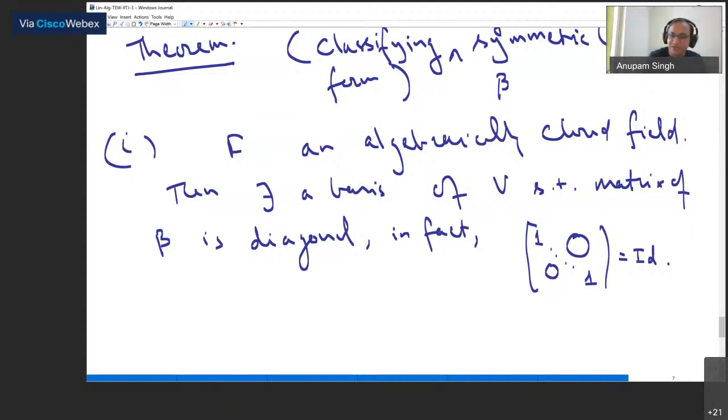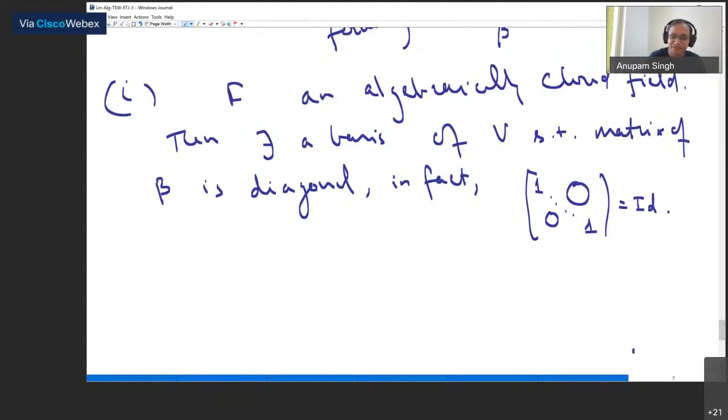However, the answer is not as nice as this if I don't take an algebraically closed field. The complication already happens when I think of real numbers. So let's take F to be the reals. We all want to know what happens with real numbers.